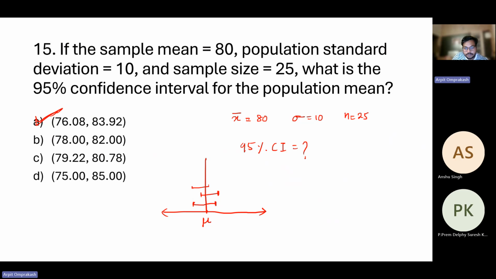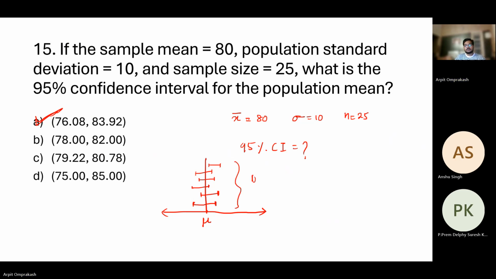Some of the times it will be here, some of the times it will be there. But approximately once in every 20 times, we'll have a range which falls outside of the population mean. So that is what it means.